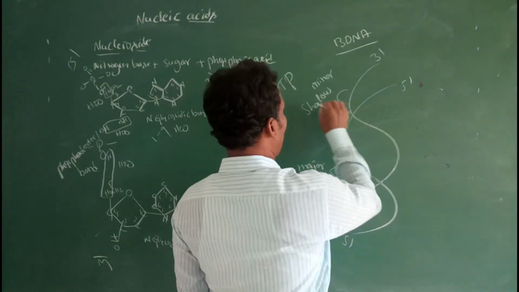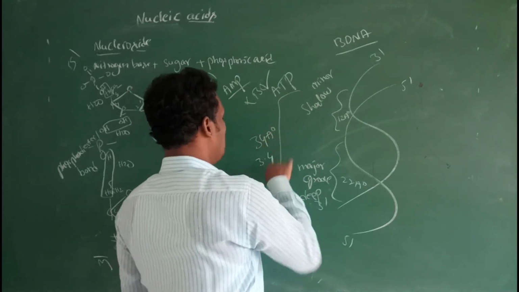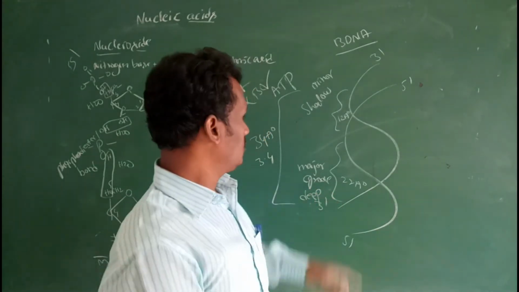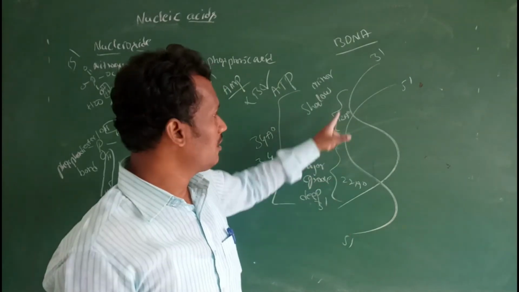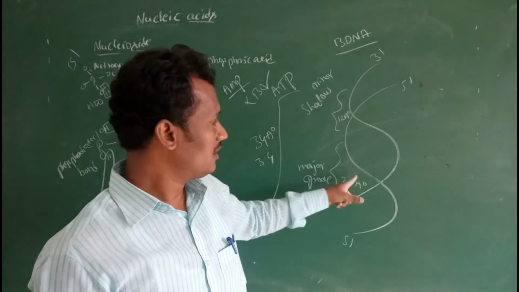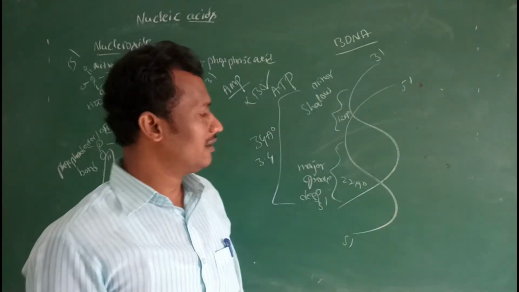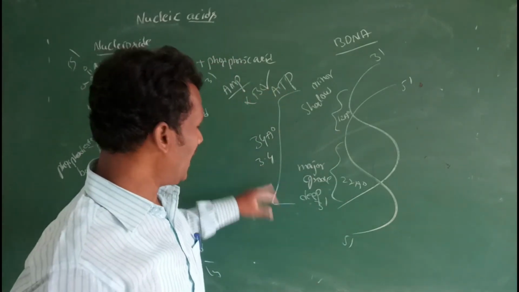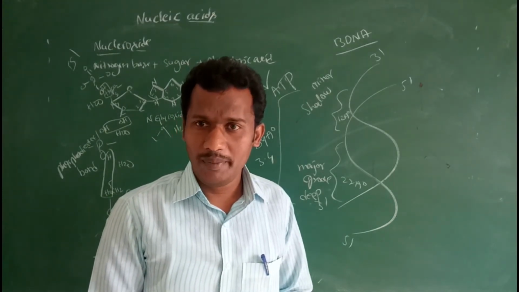So the total is 34 angstroms, that means 3.4 nanometers. So each turn of a DNA has 2 grooves.